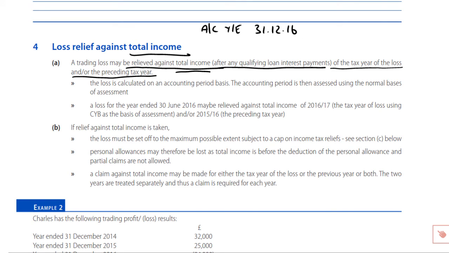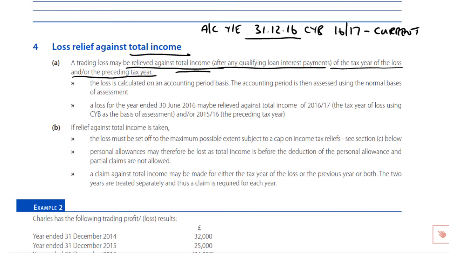Right, it says current tax year and or preceding tax year. So tell me, using CYB, year ended December 16, when will that be assessed? It'll be assessed, of course, in the 2016-17 tax year. That, therefore, is the current tax year.